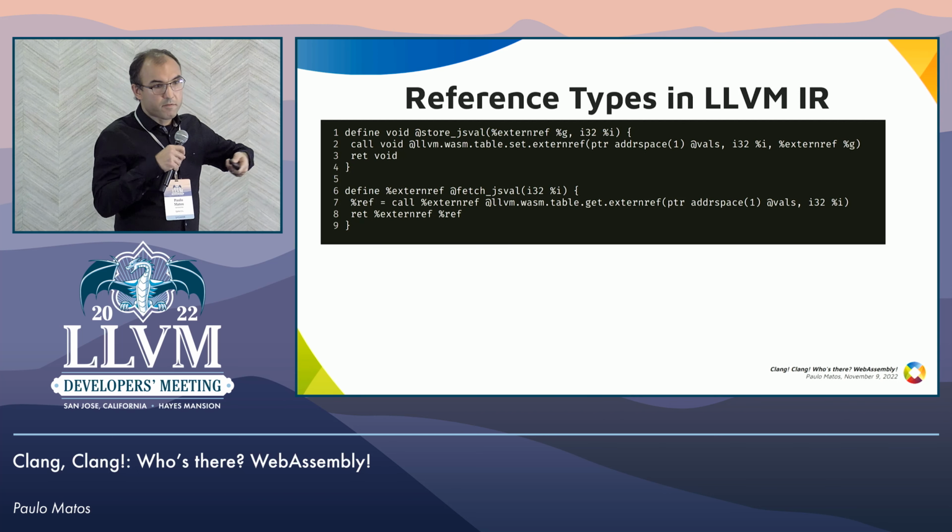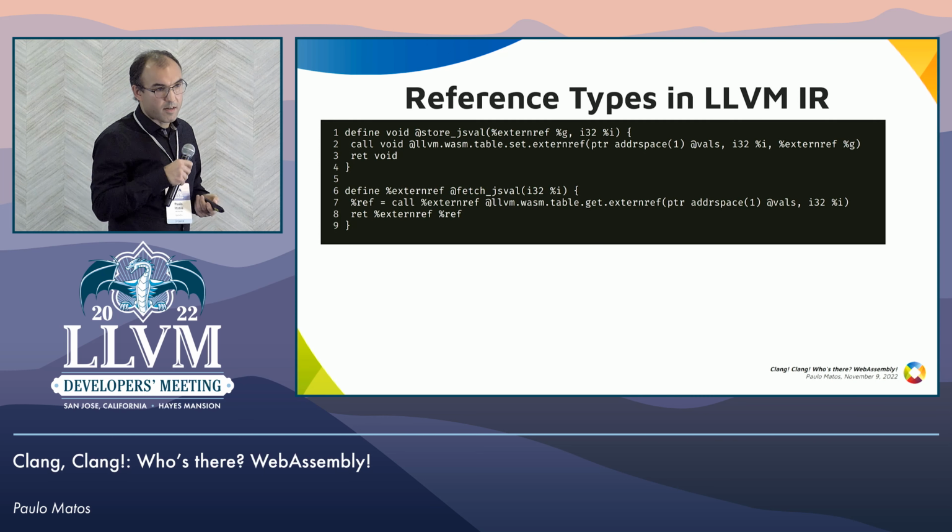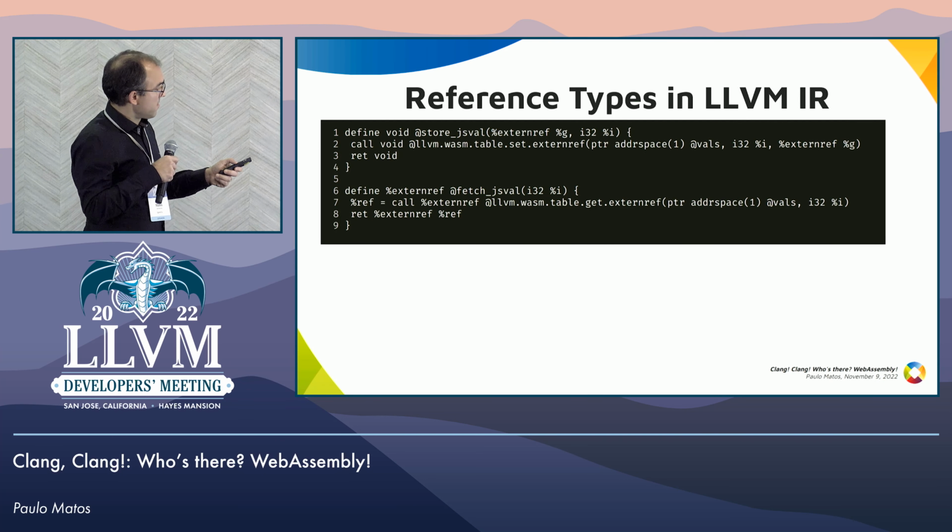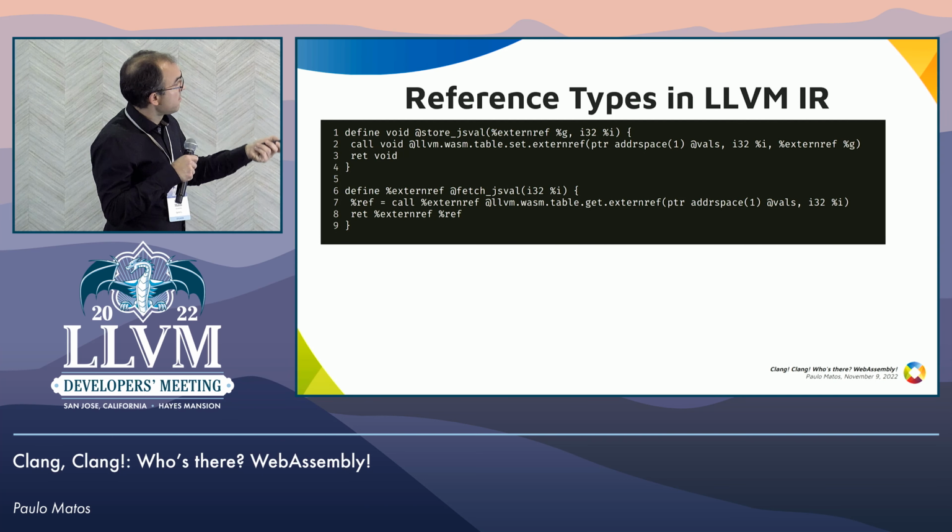We have similar ones for funcref. And if you use Compiler Explorer nowadays and you write down this LLVM IR, you get already the code that we expected to get earlier on.